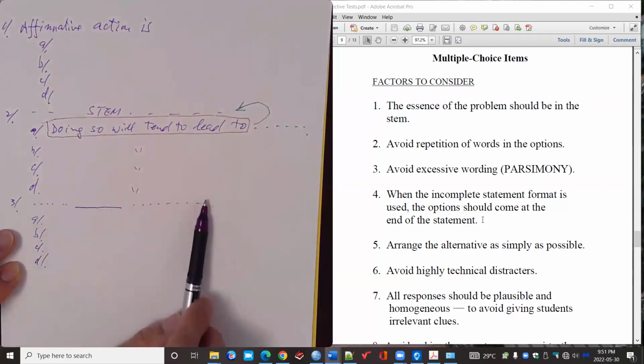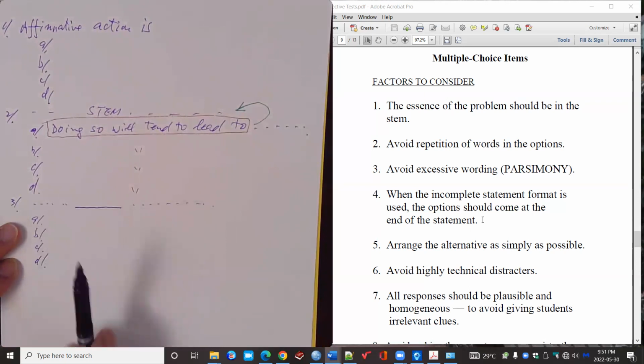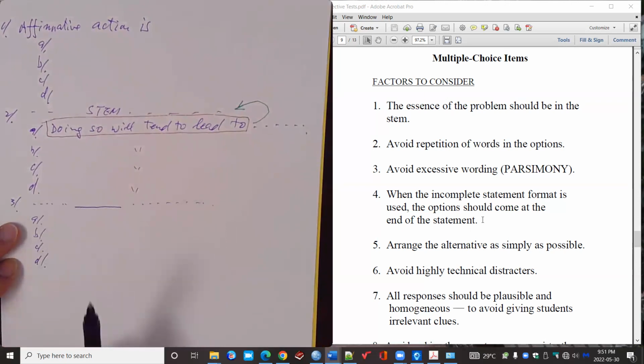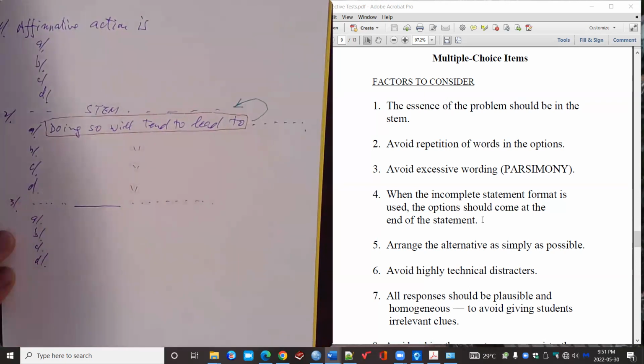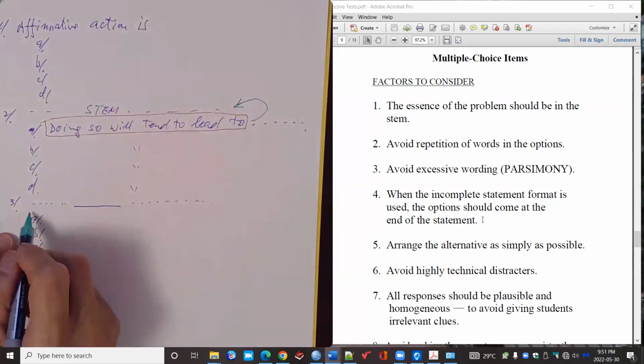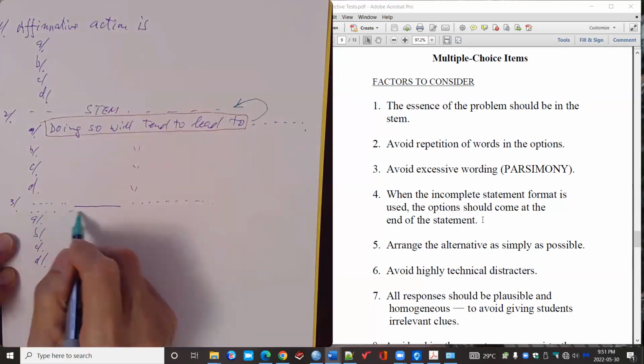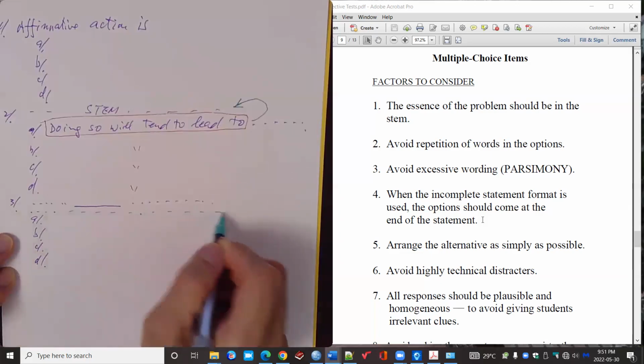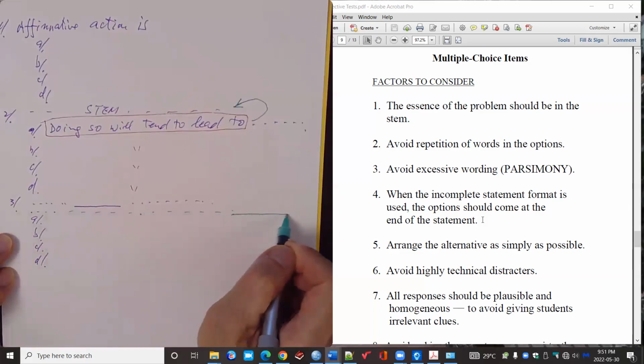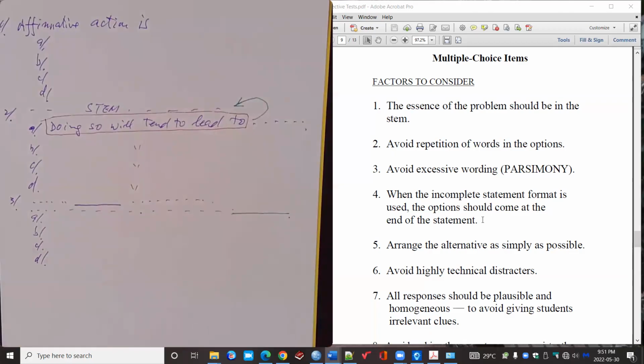All right. So it takes longer time, but the good thing is that you could do this here. That one here, that's the blank. Okay. So incomplete statement or fill in the blank.